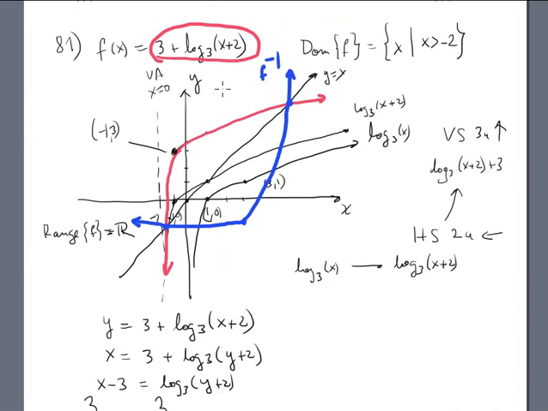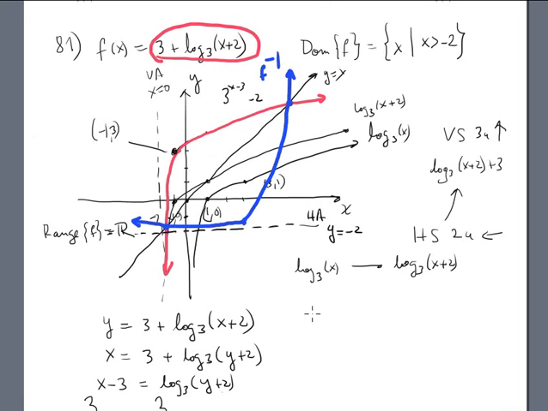It's exponential, base 3. Obviously we have one horizontal asymptote here at negative 2. Y equals negative 2 is the horizontal asymptote.